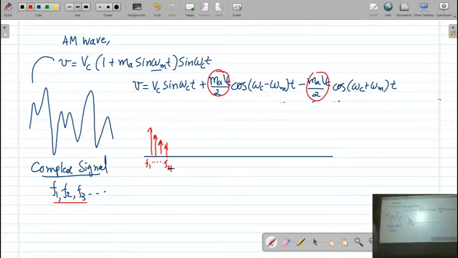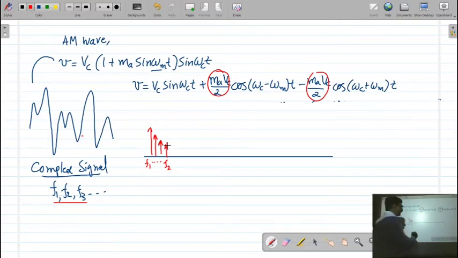This is my information. This signal is represented in this way with the different frequencies F1, F2, F3, F4. Maximum frequency is F2, minimum frequency is F1, and their amplitudes are also not the same. They are different. So I can represent the modulating signal in this manner on a frequency spectrum.